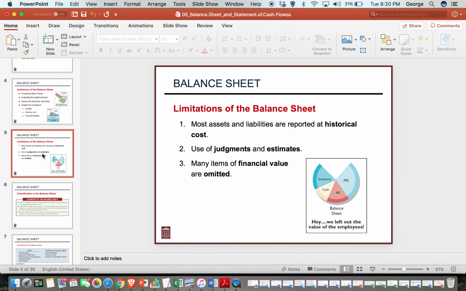Some limitations, of course, we use historical costs for most assets and liabilities. We do use some judgments, right, and estimates. So judgments perhaps for contingent liabilities, estimates for things like depreciation. You have to estimate useful life.